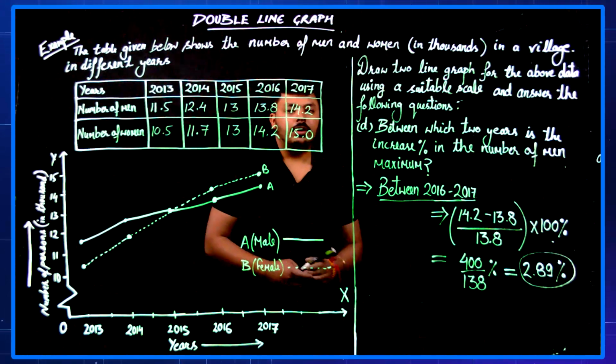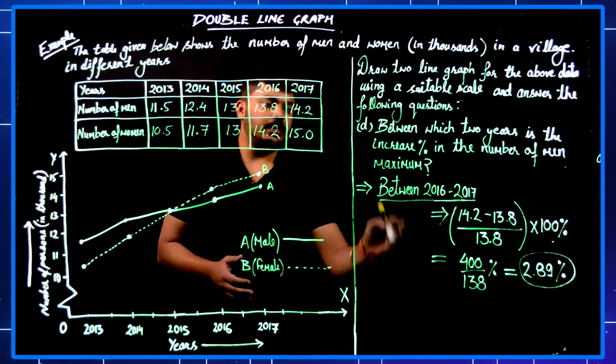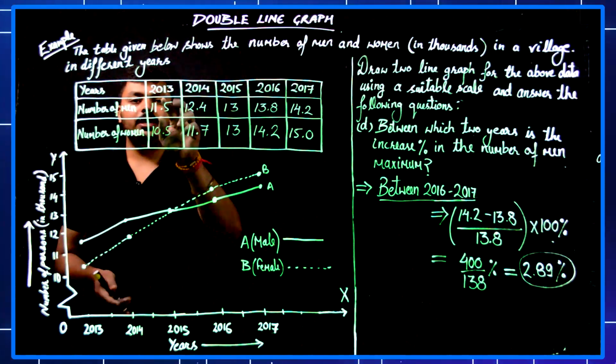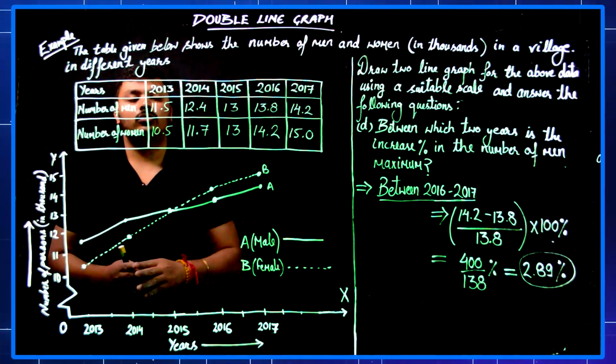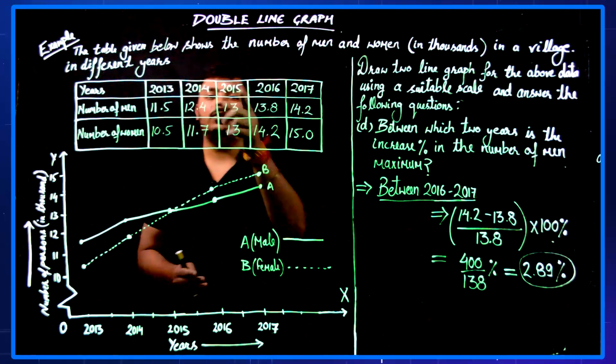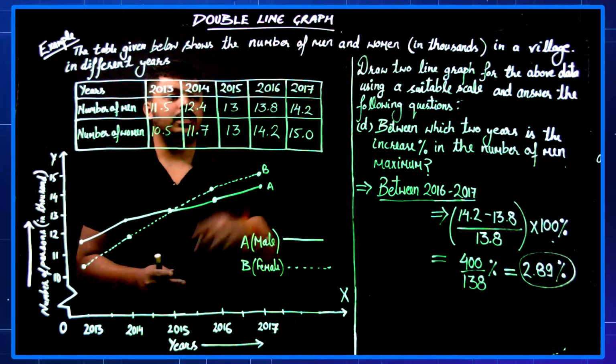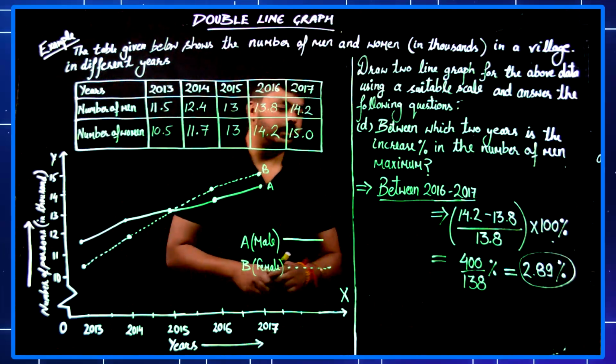So now we have calculated the increase percentage in the number of men for the given years, that is 2013 to 2014, then 2014 to 2015, 2015 to 2016, and 2016 to 2017.